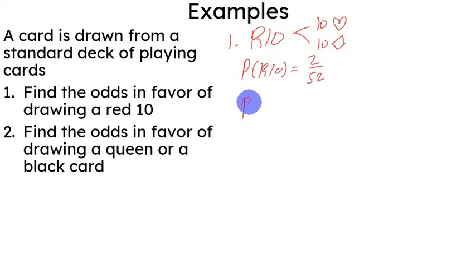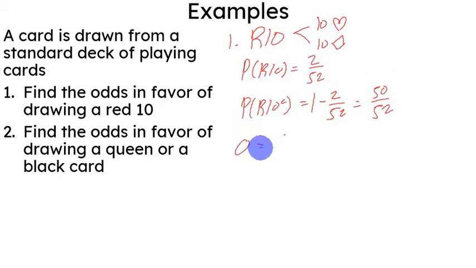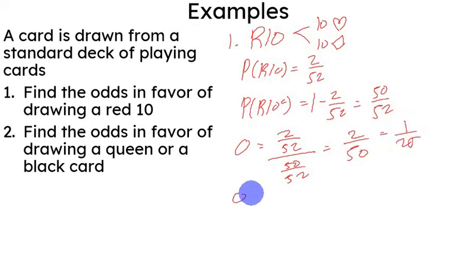The complement of that would be 1 minus 2 over 52, which is 50 over 52. Therefore, the odds would be 2 over 52 over 50 over 52, which is 2 over 50, or in lowest terms, 1 over 25. That would mean you have 1 to 25 odds of drawing a red 10.